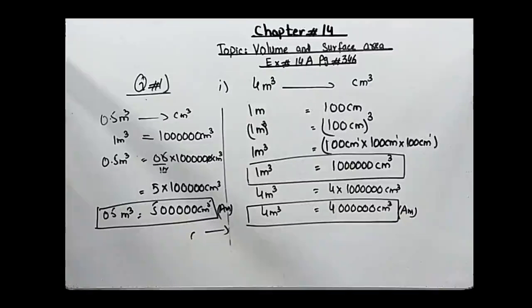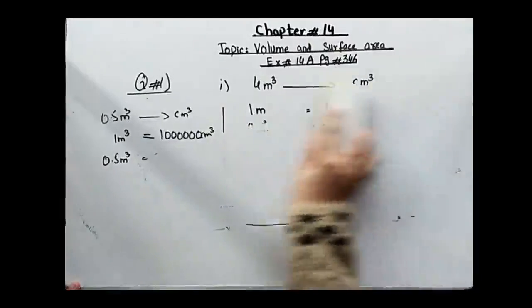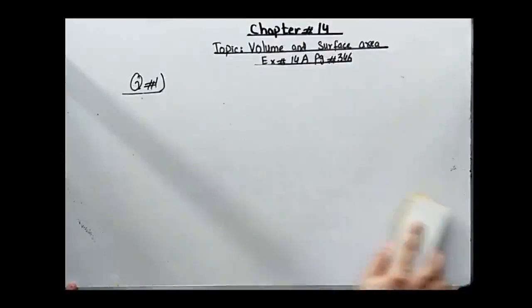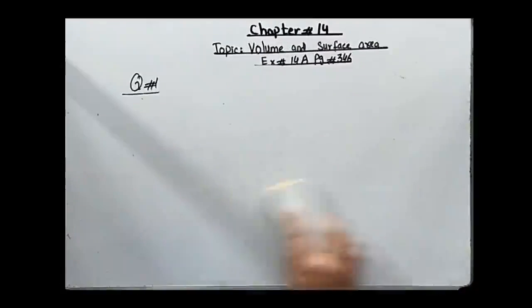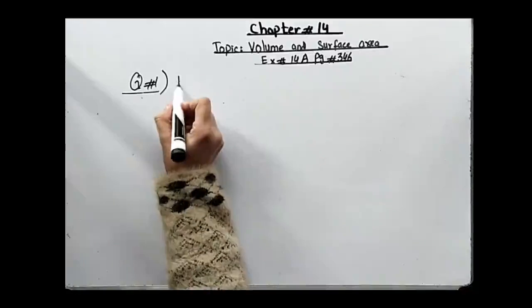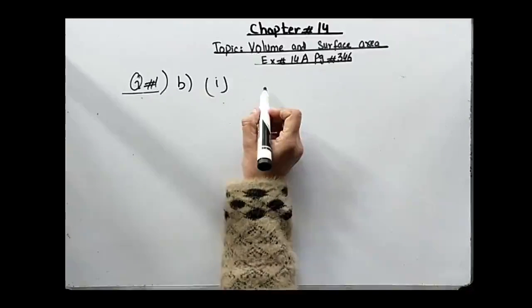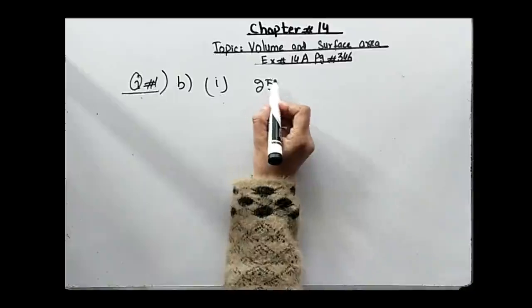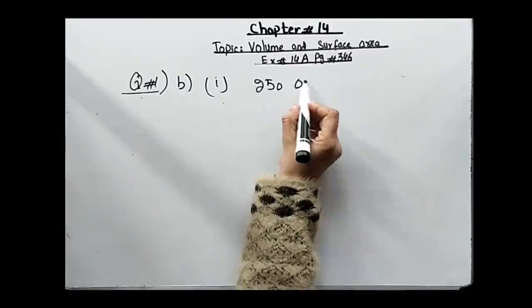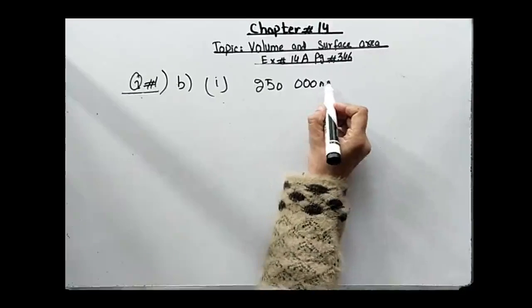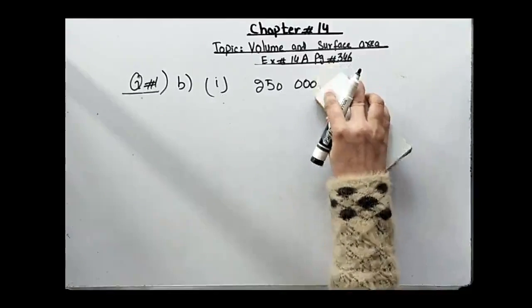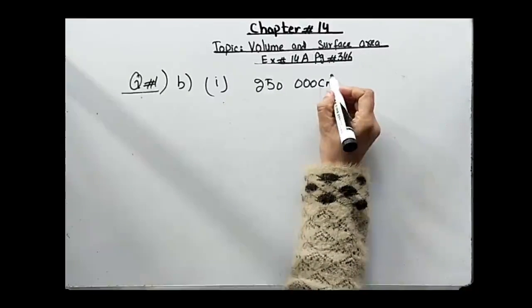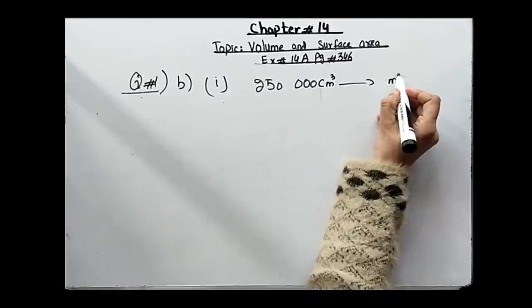Now come to the B part. In B part, they are saying that the given values are in centimeter cube and we have to convert them into meter cube. First, 250 and then 30 centimeter cube, sorry, 25000 centimeter cube, and convert into meter cube.